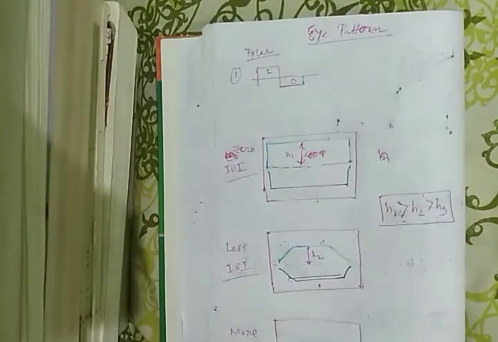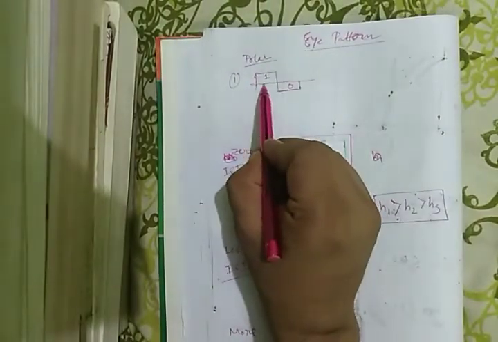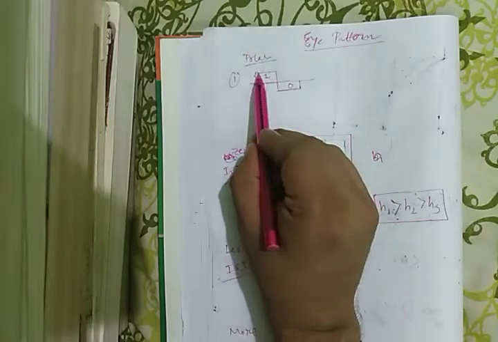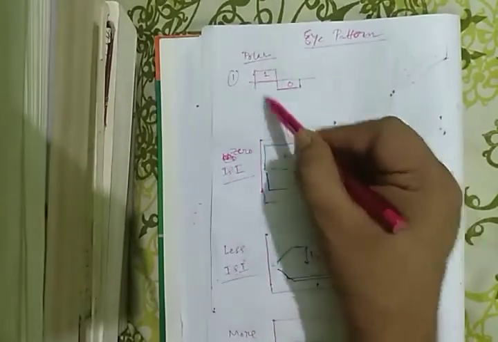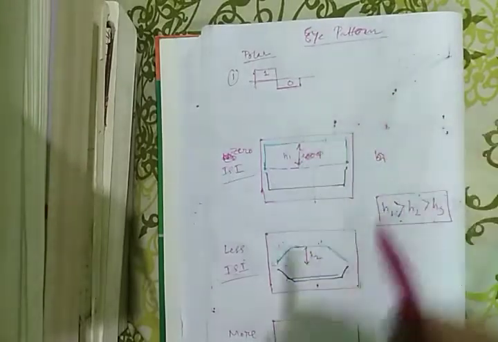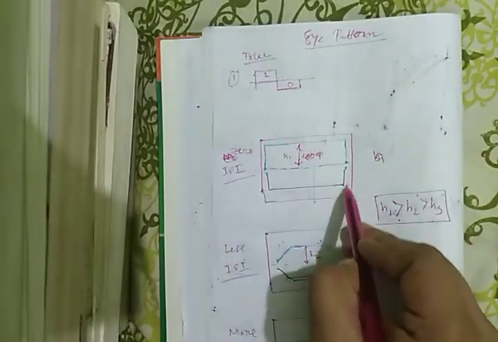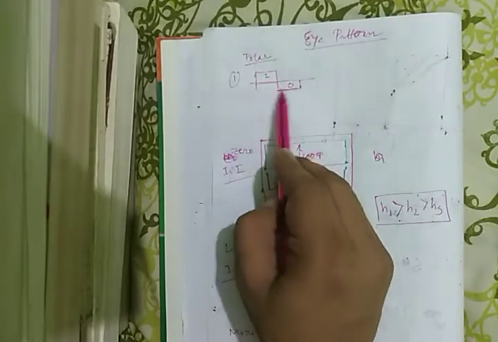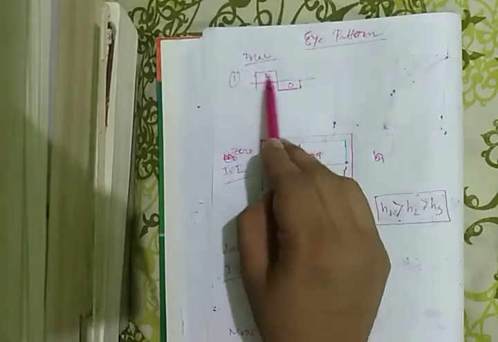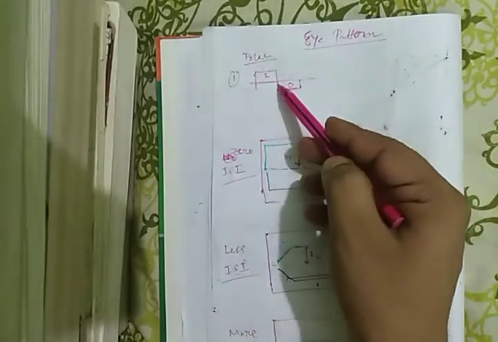So see, if we assume that this is my polar waveform, a 1 and a 0, and this 1 and 0 is being passed to our oscilloscope. In case there is no ISI, no interference, what will it look like?